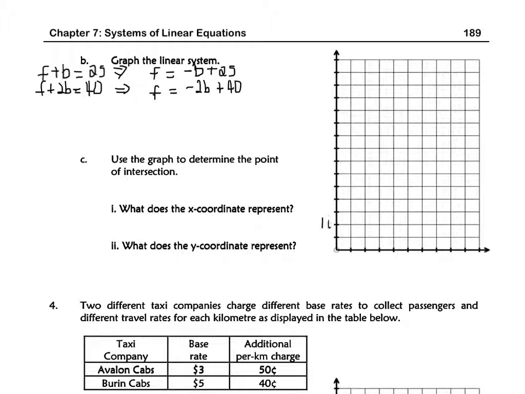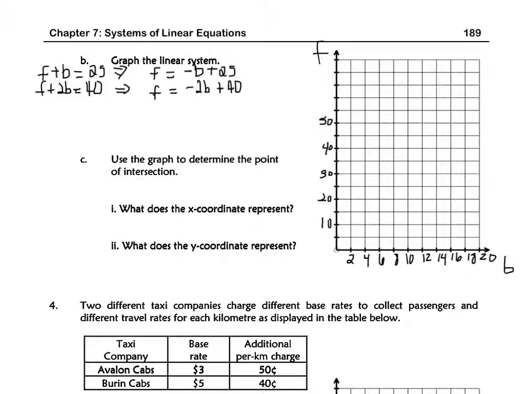So every second one, 10, 20, 30, 40, 50. And then on this one, we'll probably just go 2, 4, 6, 8, 10, 12, 14, 16, 18, 20. So our dependent axis, we're using F, and our independent axis, we're using the B's.